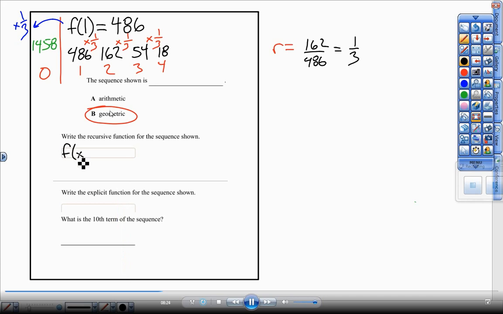This is geometric. I am writing recursive form. F of x equals f of x minus 1 times 1/3, the number going to the right, not timesing by 3, the number going to the left.